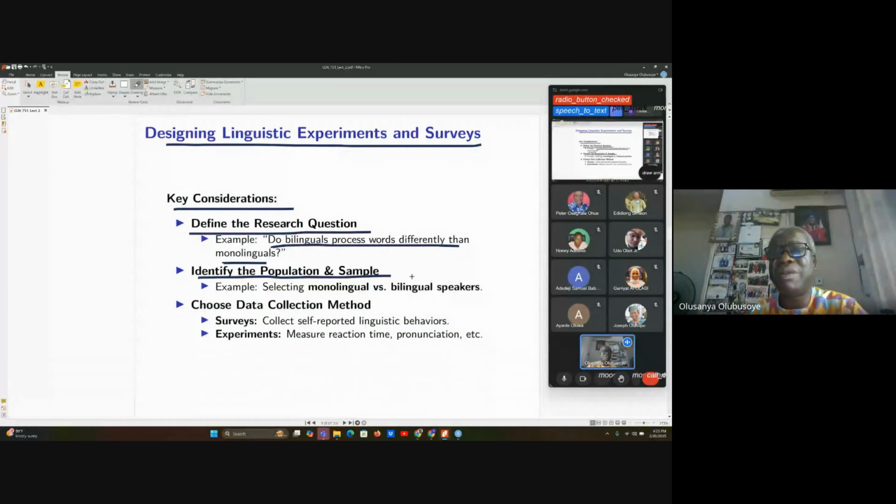Is it the population of lecturers in UI? Is it the population of students in UI? Is it the population of Agbowo community? So you need to be specific as to what population you are targeting. And of course, it is from that population that you select your sample.